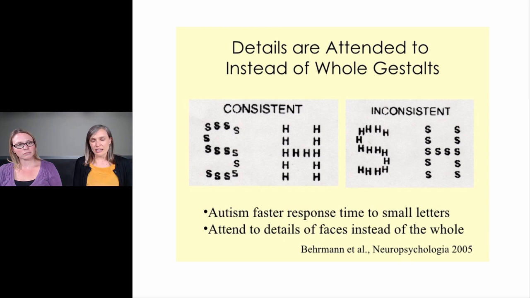We can see in this slide that on the consistent side, we've got the big S with the little s's that it's made up of, and same with the H. And then we've got the inconsistent use of letters, so the small h on the big S and the little s on the big H. And unsurprisingly, people with autism responded much faster to the smaller letters, so the small h in the big S. They were more likely to notice the small h, whereas people without autism always noticed and always responded faster to the big letters. Yeah, so it's a really nifty illustration of central coherence. Yeah.